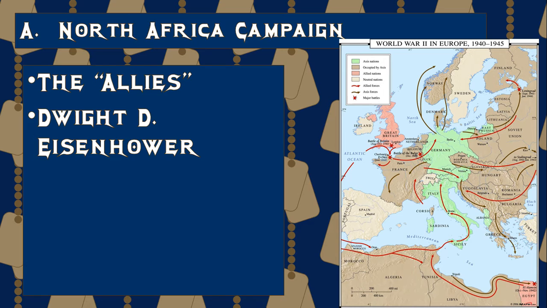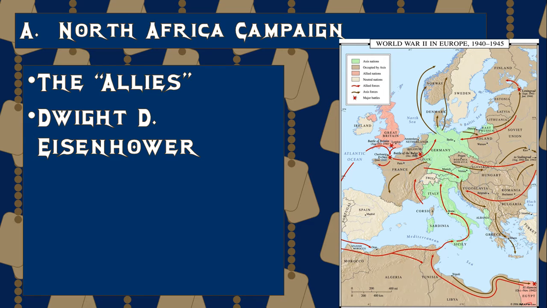Just on a side note, I mentioned the other day that this time we see the United States taking on a much bigger leadership role than in World War I. Eisenhower is a prime example of that. He had American generals commanding American forces, but in this case, you see American generals like Eisenhower eventually commanding all Allied forces.